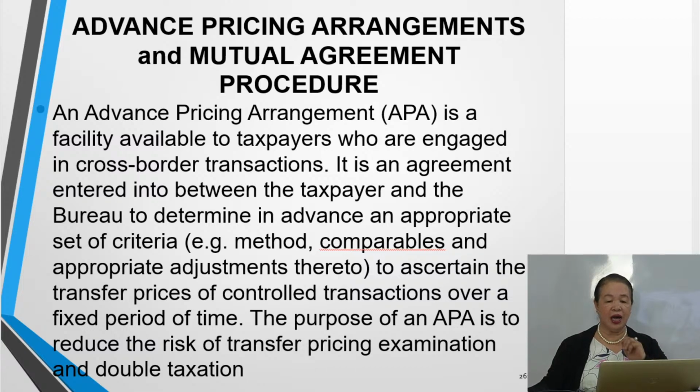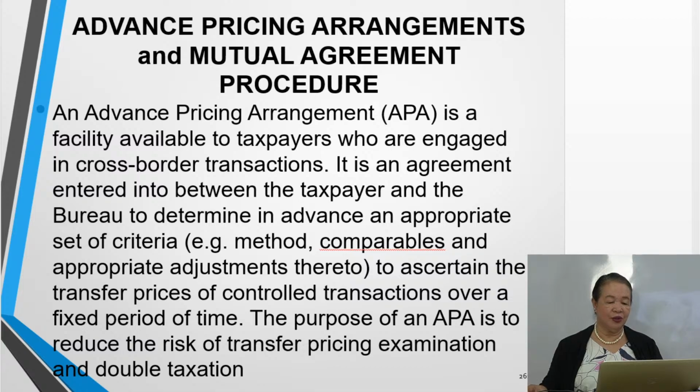Now, let's go to the advanced pricing arrangement and the mutual agreement procedure. Ano ba itong advanced pricing arrangement or the mutual agreement procedure? This is the facility available to taxpayer who are engaged in cross-border transactions. No, ano itong klaseng facility na to? This is the agreement entered into between the taxpayer and the Bureau to determine in advance the appropriate set of criteria, method, comparables, and appropriate adjustment thereto.